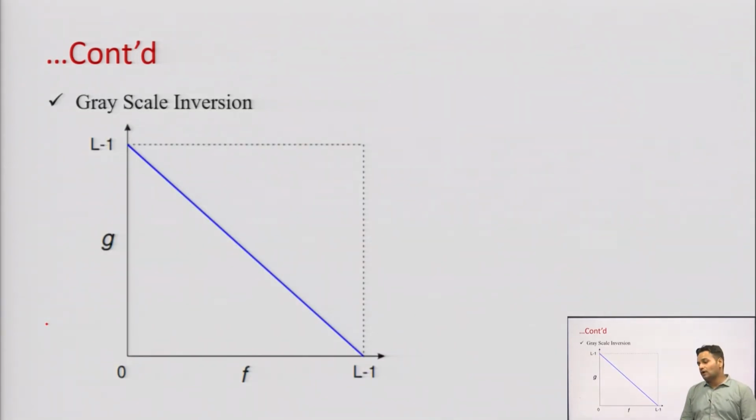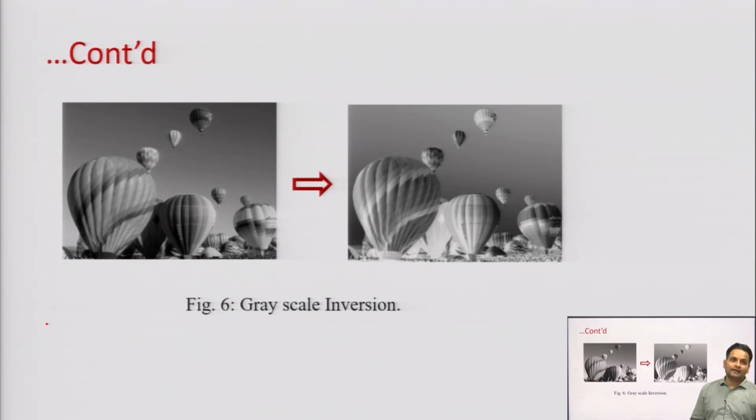Now, if we talk about gray level inversion, here we have an f type of image and you have to get the g type of image. Then gray scale inversion looks like this, and we can use such a phenomenon where a negative slope type of straight line is observed. After gray level inversion, the black portion looks like white and the white portion looks like black.